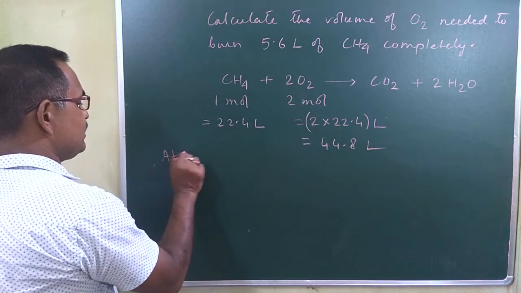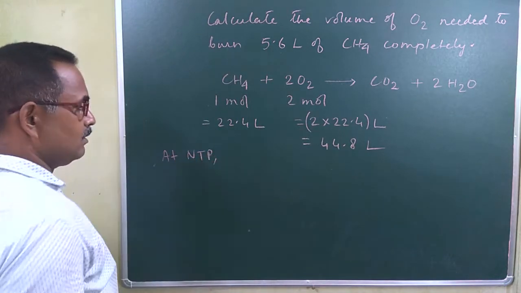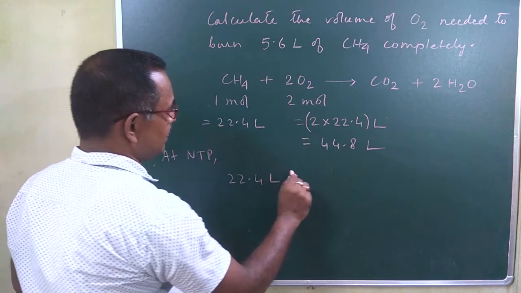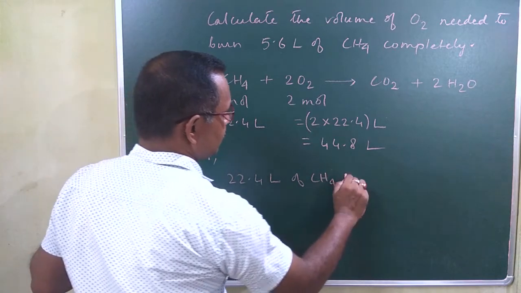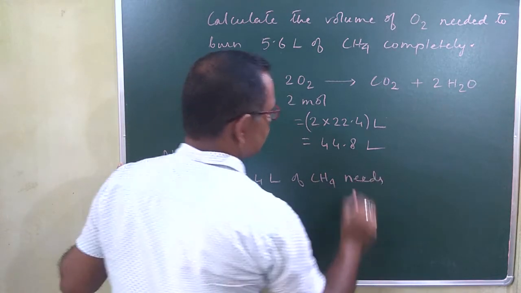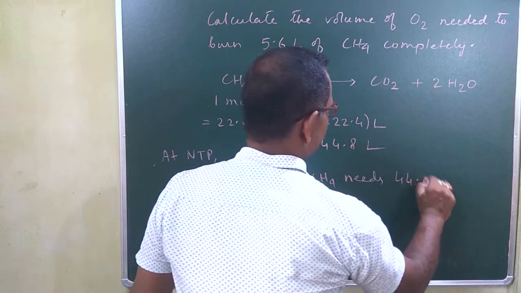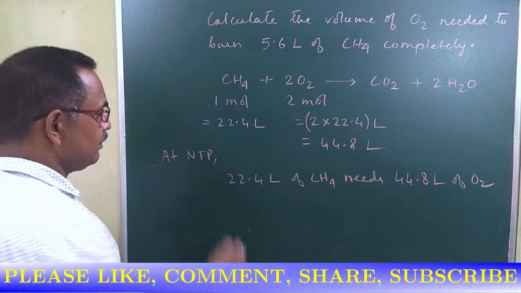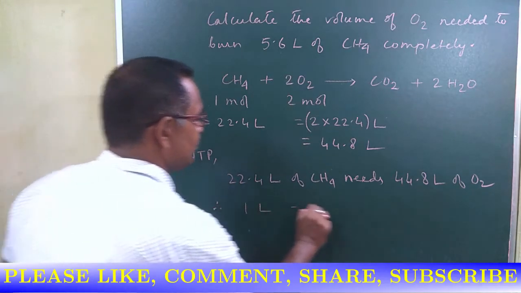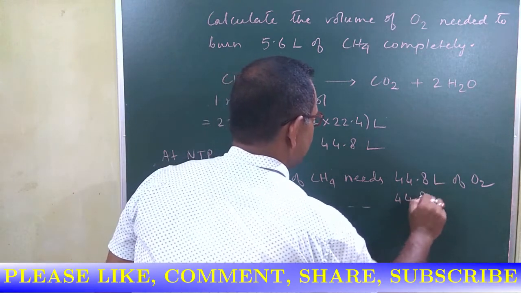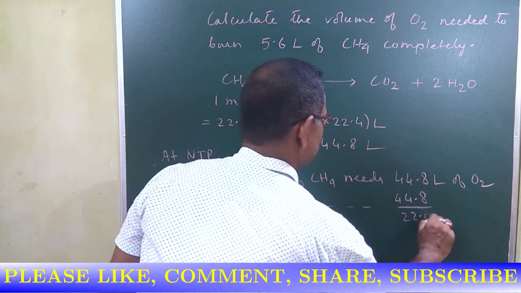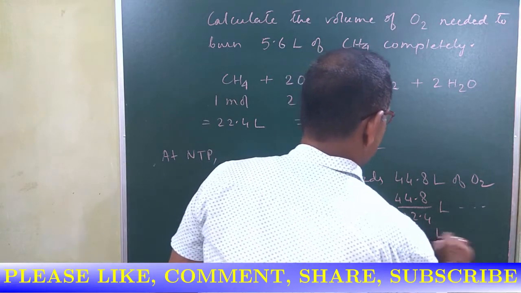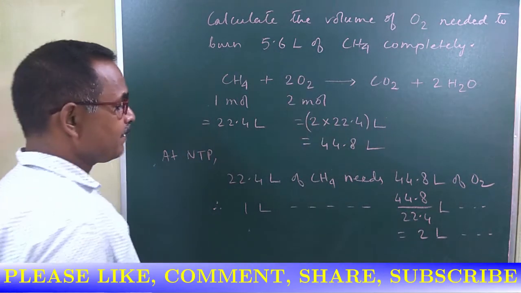So at NTP 22.4 liter of methane needs 44.8 liter of oxygen. Therefore, 1 liter of methane needs 44.8 divided by 22.4 liter of oxygen. This is 2 liter of oxygen.